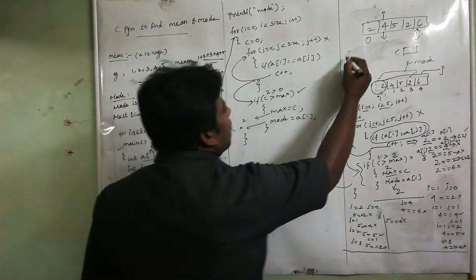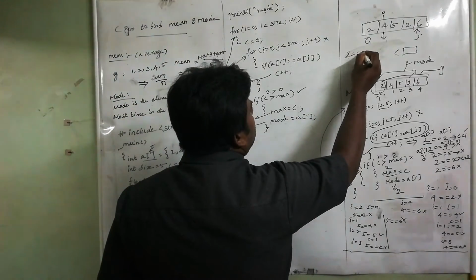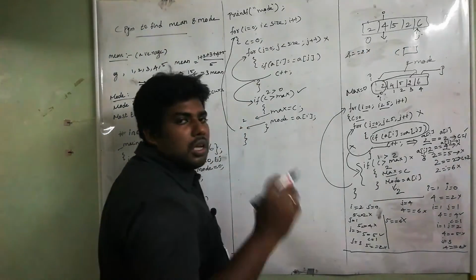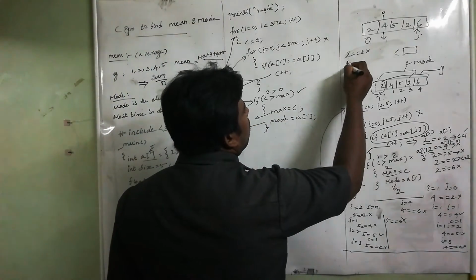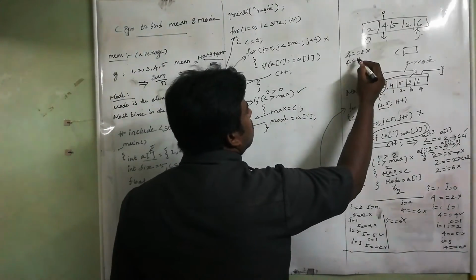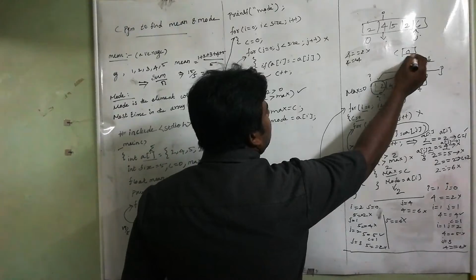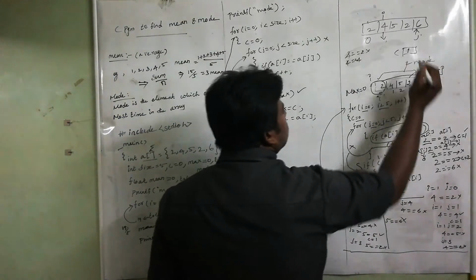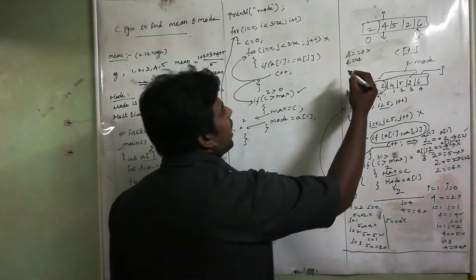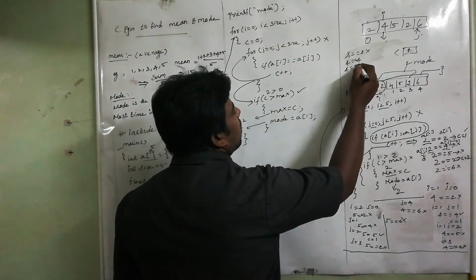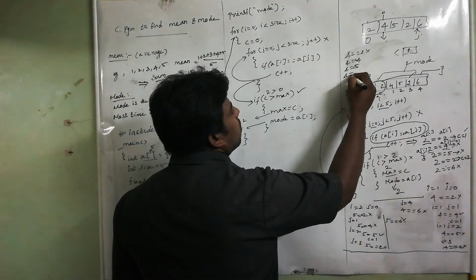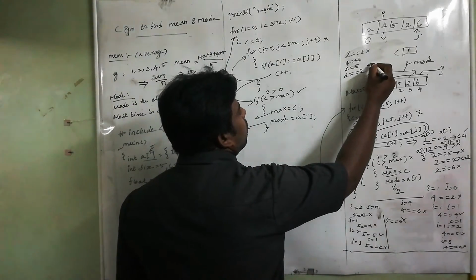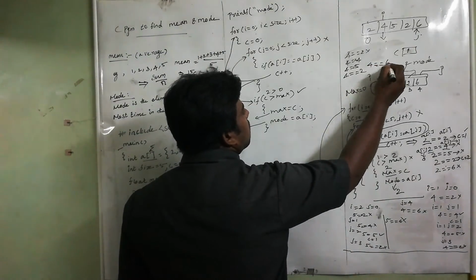So you are comparing 4 equal to 2. False. Again J incremented. 4 equal to 4. Condition true. C is changed to 1. Now what's the counter? Counter is 1. So again 4 is equal to 5. False. 4 is equal to 2. False. 4 is equal to 6. False.